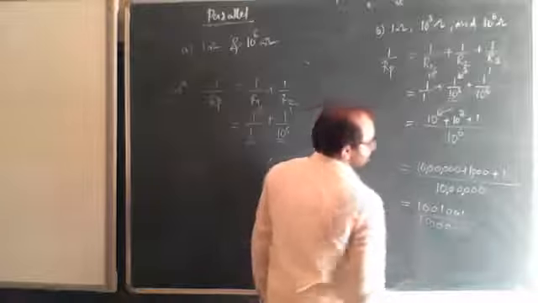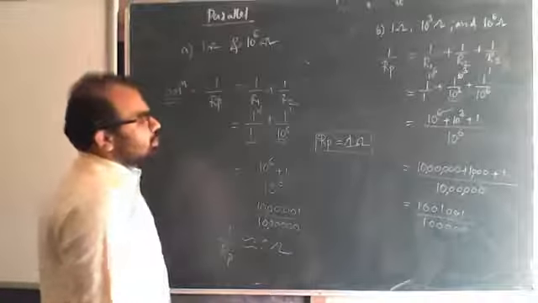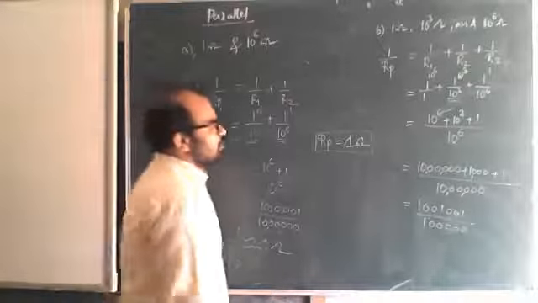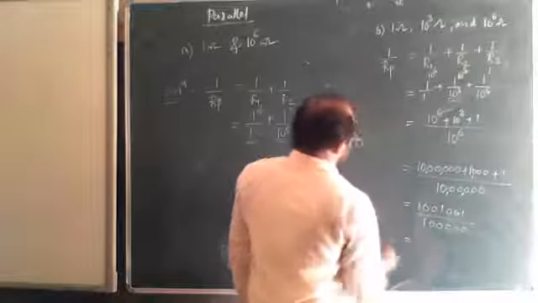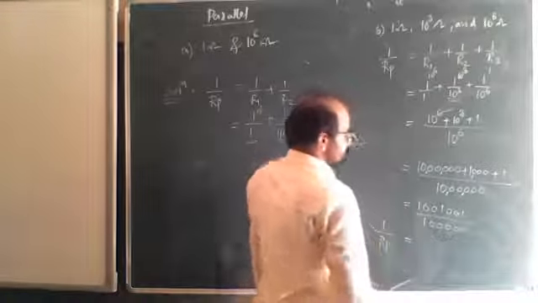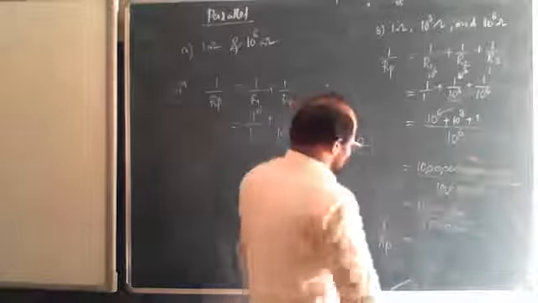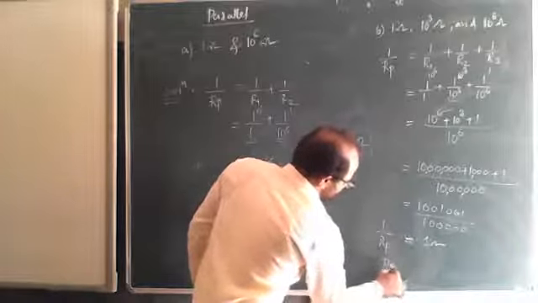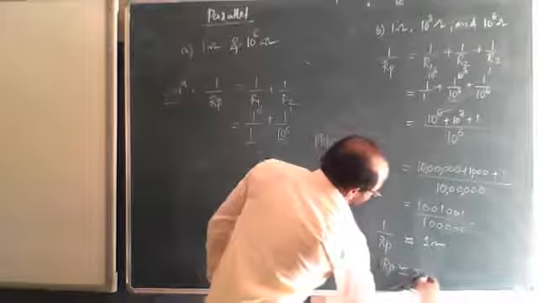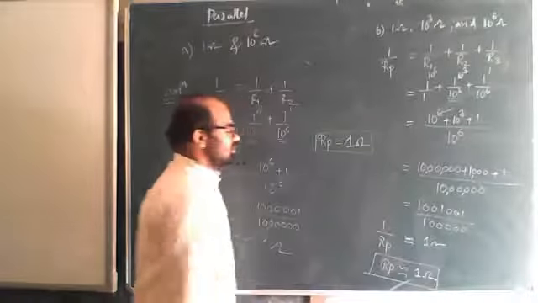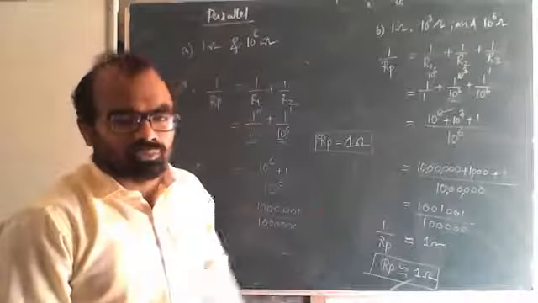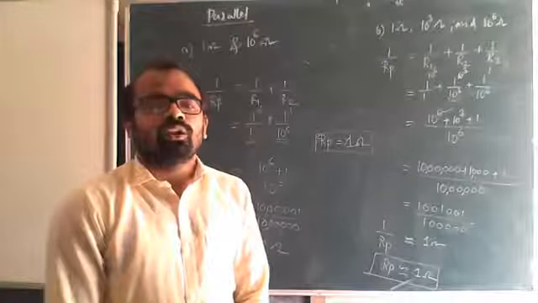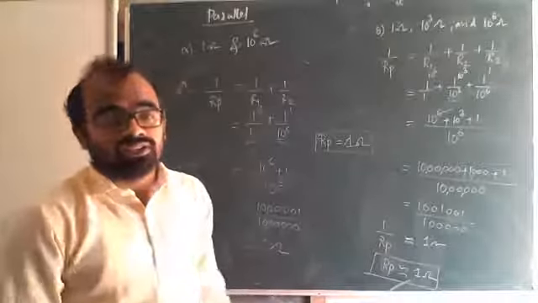So this will come approximately 1 point something, so we can put it as 1 ohm only approximately. So Rp is approximately equal to 1 ohm. Both answers will come the same. You should remember this. These are the two problems.